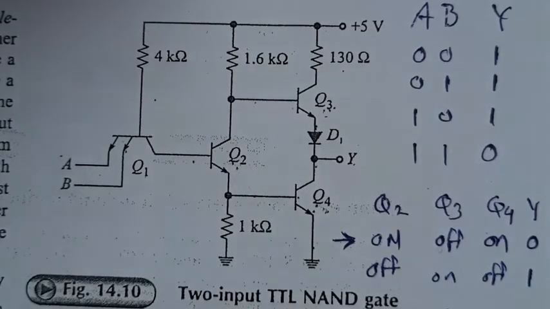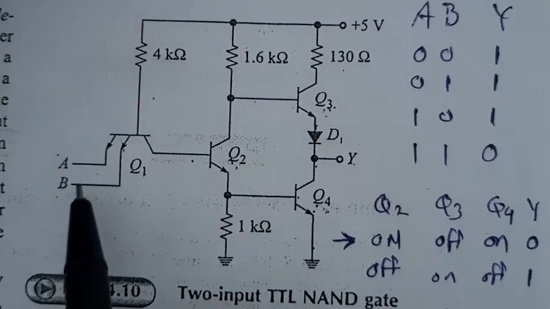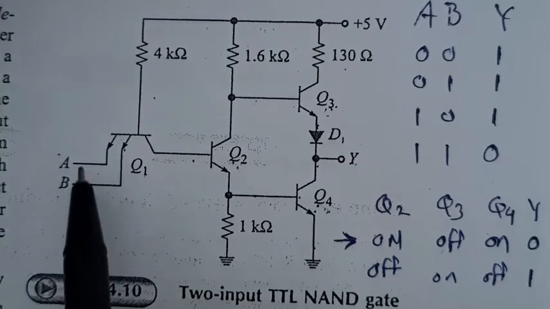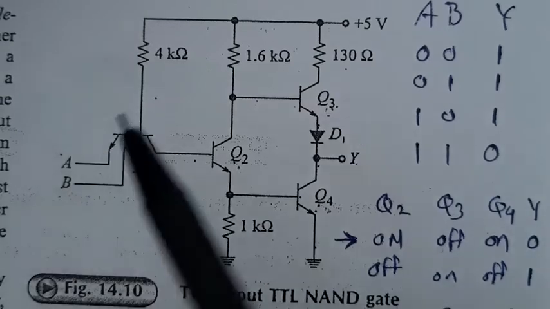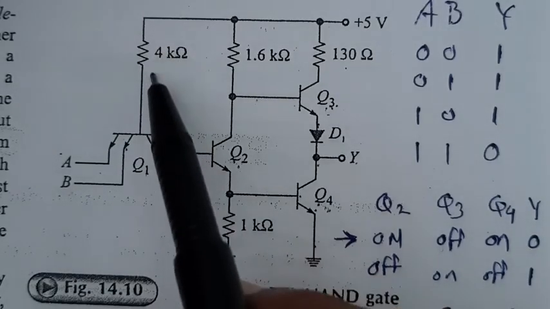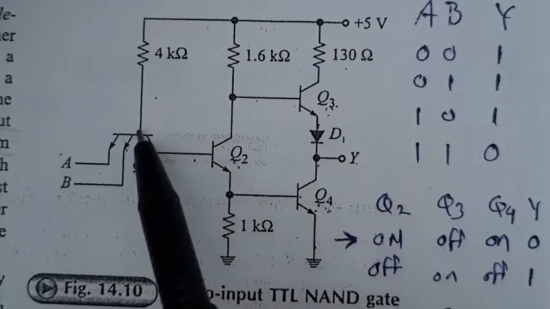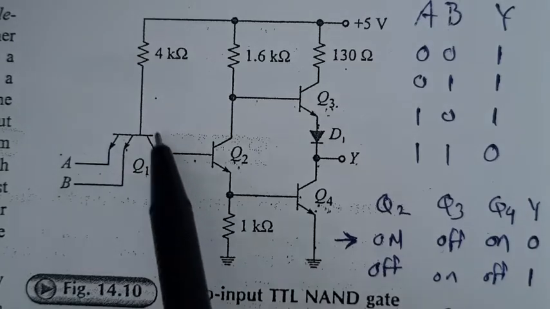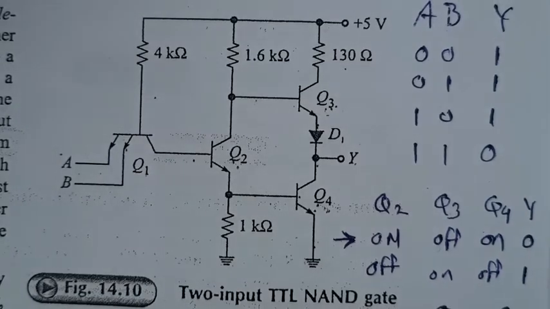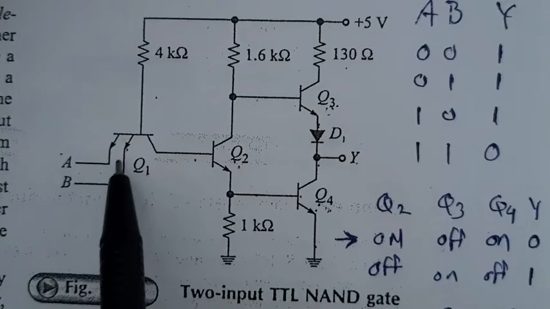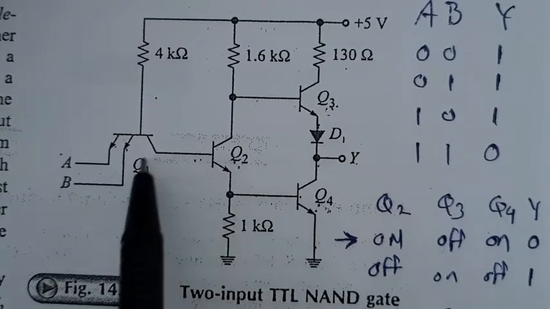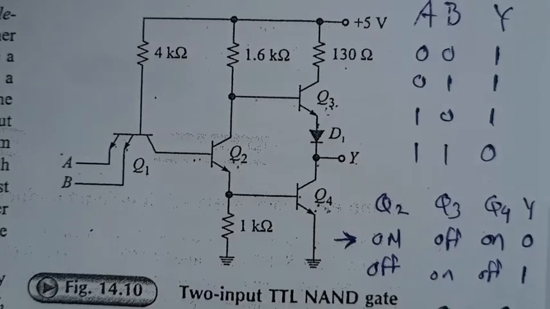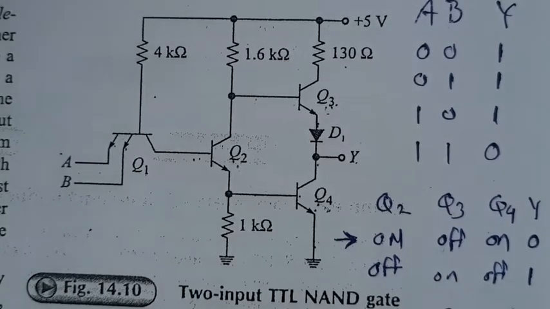And therefore what we can say, if any one of A and B is low, that is at 0, then the base current of transistor Q1 will flow towards the emitter, making this transistor Q1 on. You will observe that this is on, and as it is on, the base of transistor Q2 will be pulled down and Q2 remains off, correct? Q2 remains off.